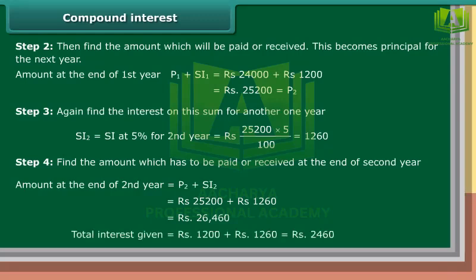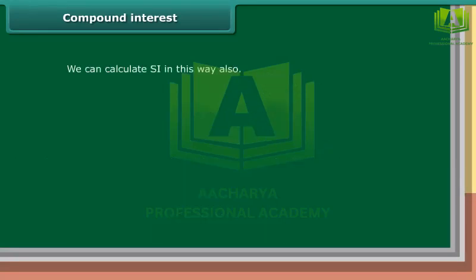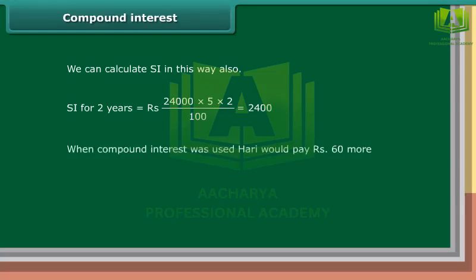Total interest given = rupees 1,200 + rupees 1,260 = rupees 2,460. We can calculate SI in this way also. SI for 2 years = rupees 24,000 × 5 × 2/100 = rupees 2,400. When compound interest was used, Hari would have to pay rupees 60 more.